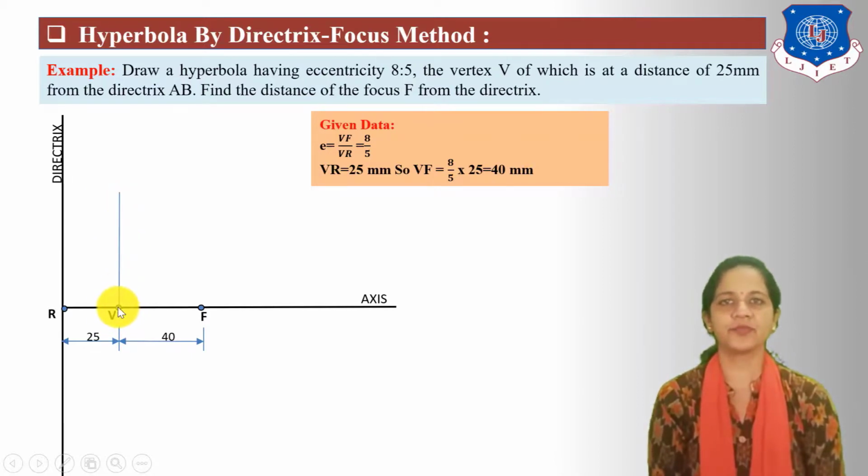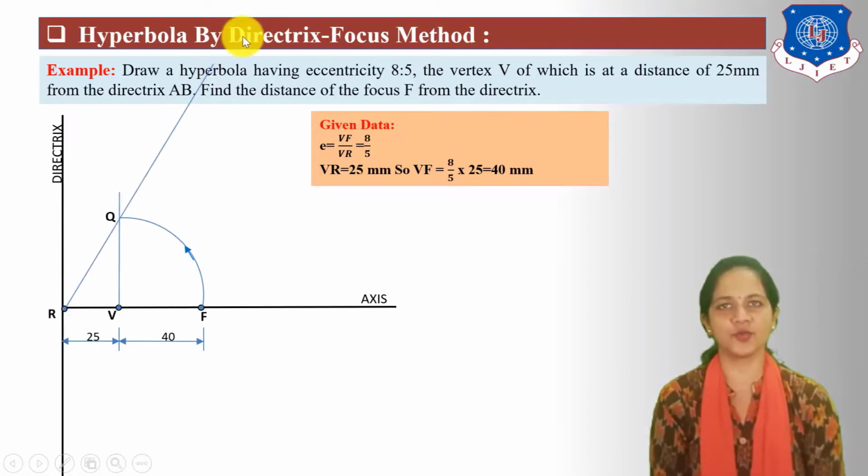Take center V, radius VF and draw a quarter arc up to this vertical line. Mark here Q point. Connect RQ. Now the angle made by RQ line is always greater than 45.